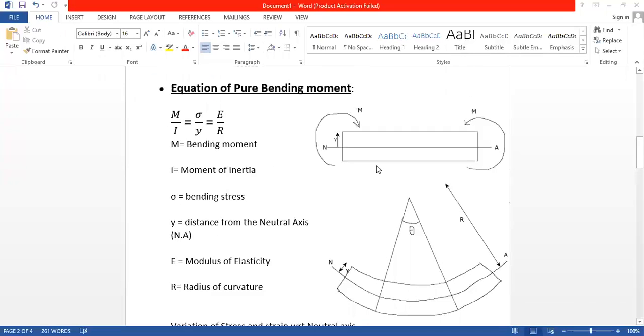What is y? y is the distance from the neutral axis to any level of the beam. First, let us see what the neutral axis is.